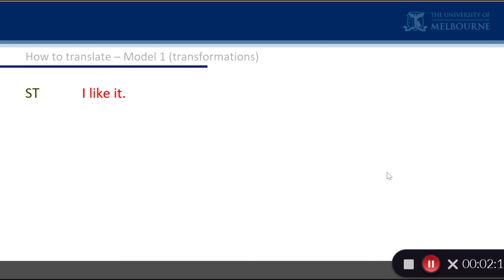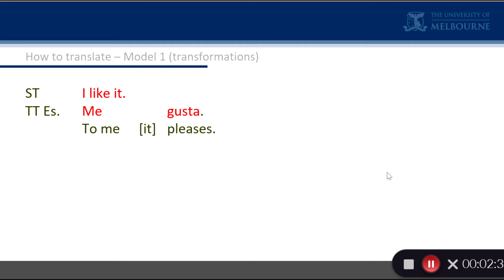Here's another example of the same thing. ST, I like it. Very simple. Okay? Subject, verb, object. But what happens when you go into, for example, Spanish? Me gusta means to me, it, but the subject is absent, pleases or is pleasing.